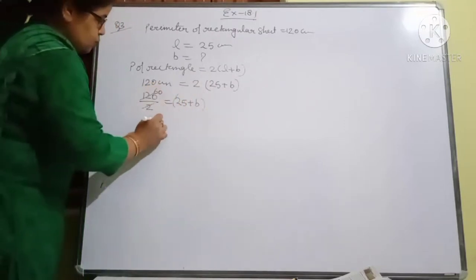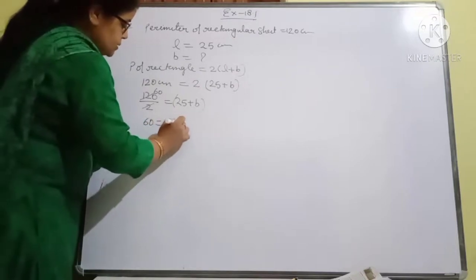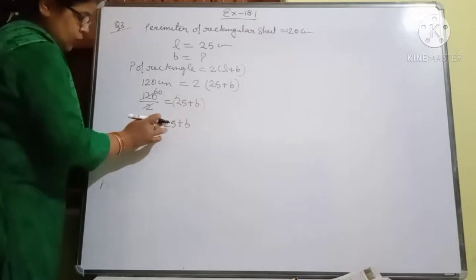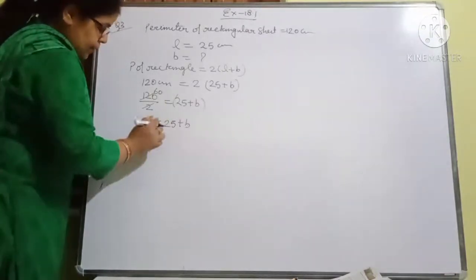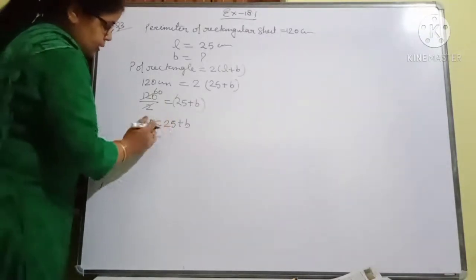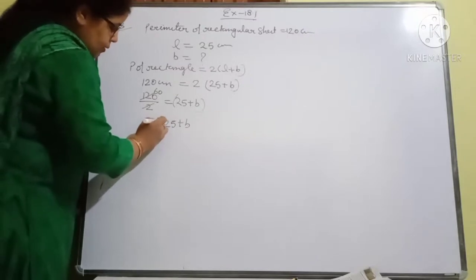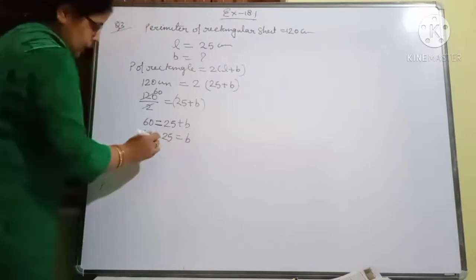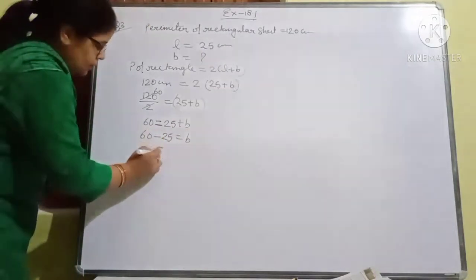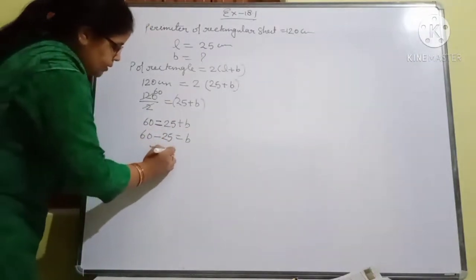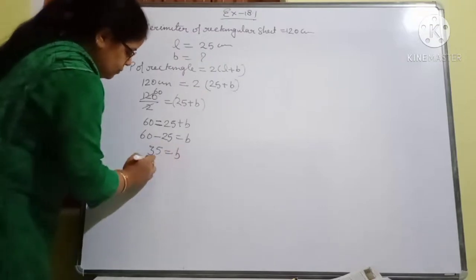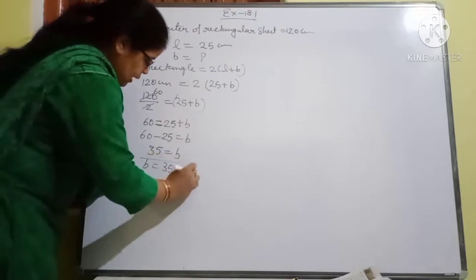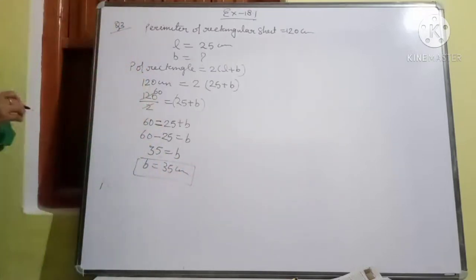So 60 is equal to 25 plus breadth. This positive 25 will go to the other side by transposition, so 60 minus 25 is equal to breadth, that is 35 centimeter. So the breadth will be 35 centimeter. In this way you can do question number 3.